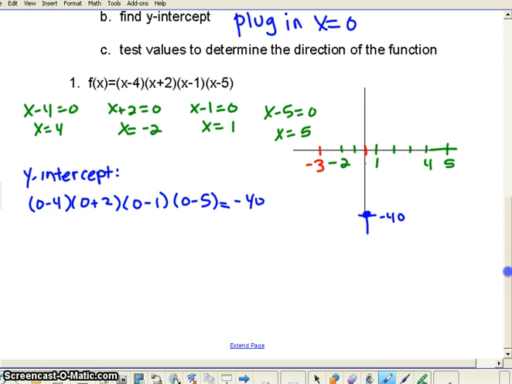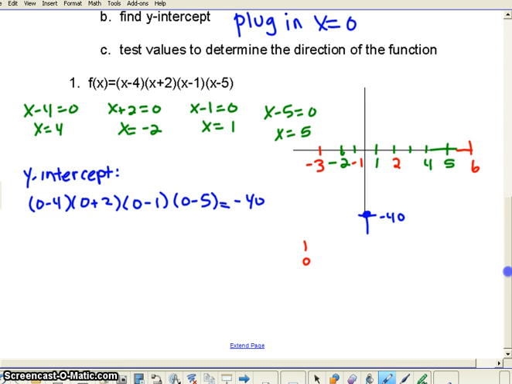I think I'll choose 0. Oh, no, I'm not going to choose 0. What am I thinking? That's the y-intercept. How about negative 1? Then we'll choose a point between 1 and 4. How about 2? And then we need to choose a point out here. How about 6?